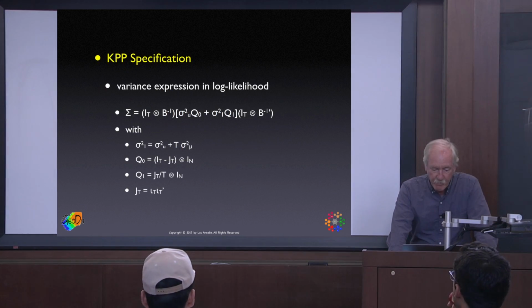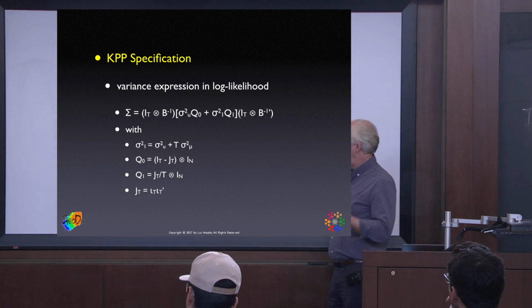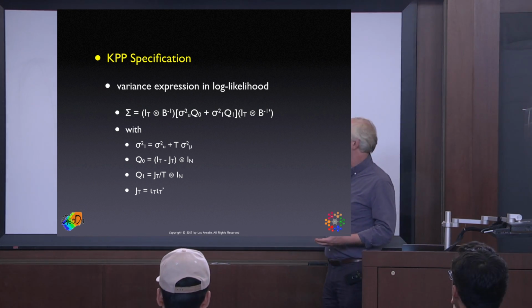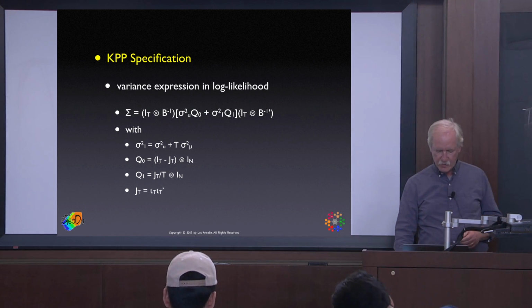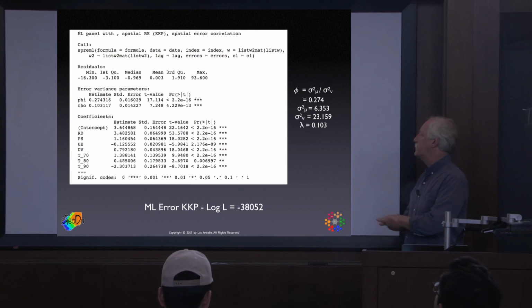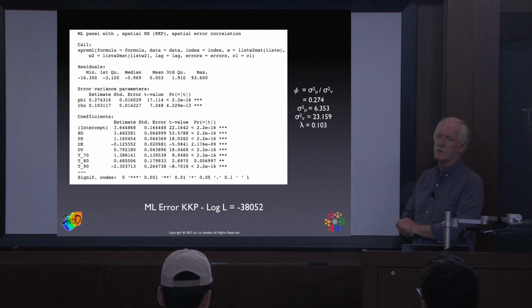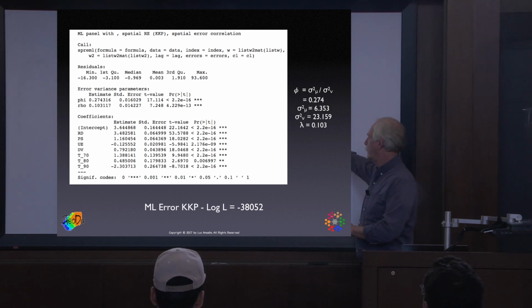So then the KPP specification, as I mentioned, initially it may look more complicated. In fact, it's a lot easier in terms of the estimation. And this one does converge readily in a few minutes, I think like 5-6 minutes, it converges. And it gives you, of course, what they call rho, which is what we call lambda.